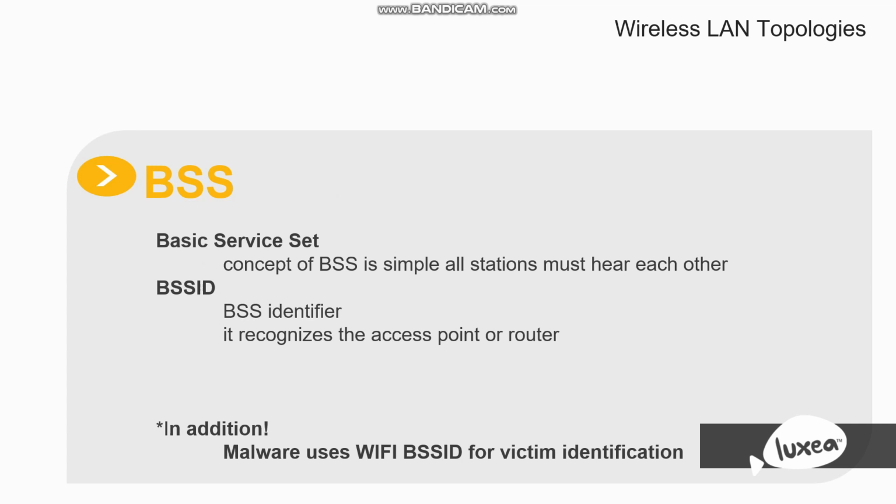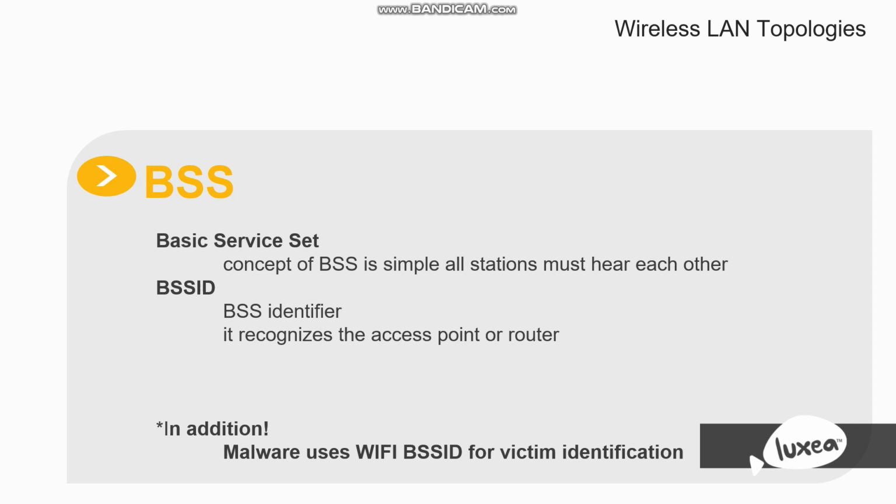Next, BSS, Basic Service Set. The concept of BSS is very simple. All stations must hear each other. The associations are dynamic and managed by the use of the distribution system service. Inside a BSS, we can find the AP, SSID and BSSID.